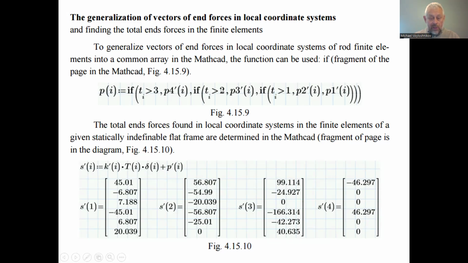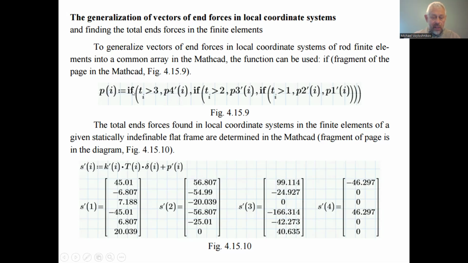But if more than 2 in the more general brackets, because we have the number 4 finite element, more than 2, so we have to take P3 in the most general brackets. This is a consequence of the operations of the if. Each second if operation is within the parameters of the previous one. And if more than 3, so we have the end forces due to the definition of the vector P4.